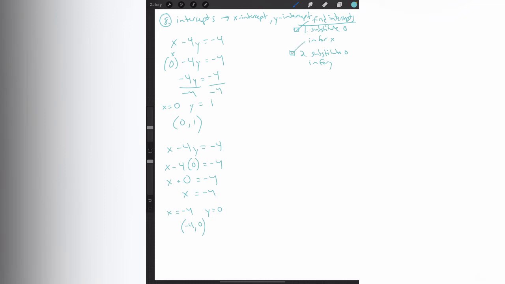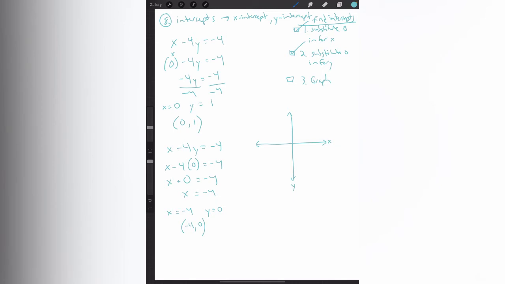All right, so I guess maybe the third step in here would be to graph, only because this problem asks me to graph. So I'm going to draw my y-axis, my x-axis, make sure to include arrows on each side, and label. This is my y-axis down here, this is my x-axis.